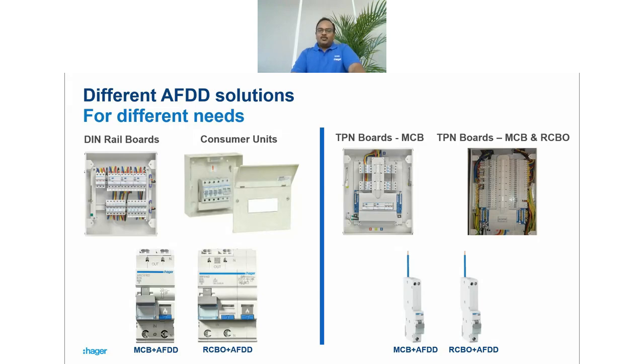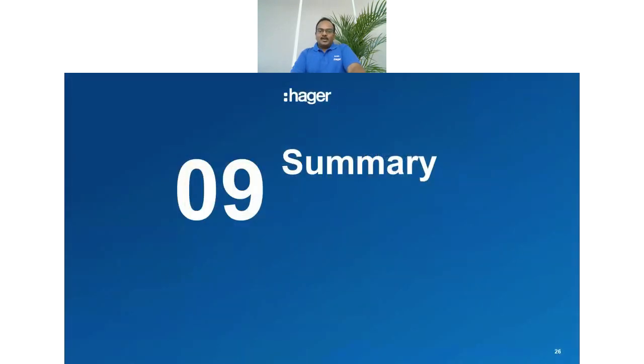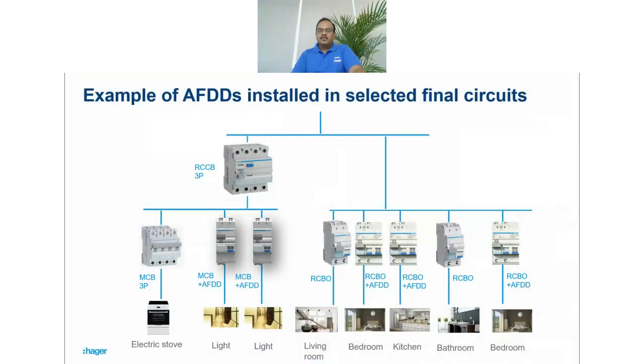Coming to almost the end, what I would say as a summary is that today we do not have a device being used in our DB to address arc faults, which will sooner or later become a mandatory requirement. When it becomes mandatory, an example of a final circuit could look like this.